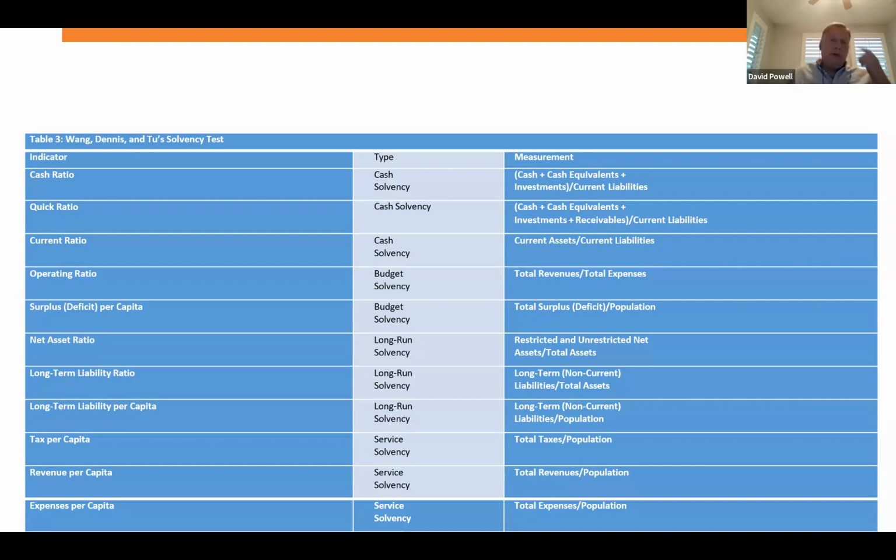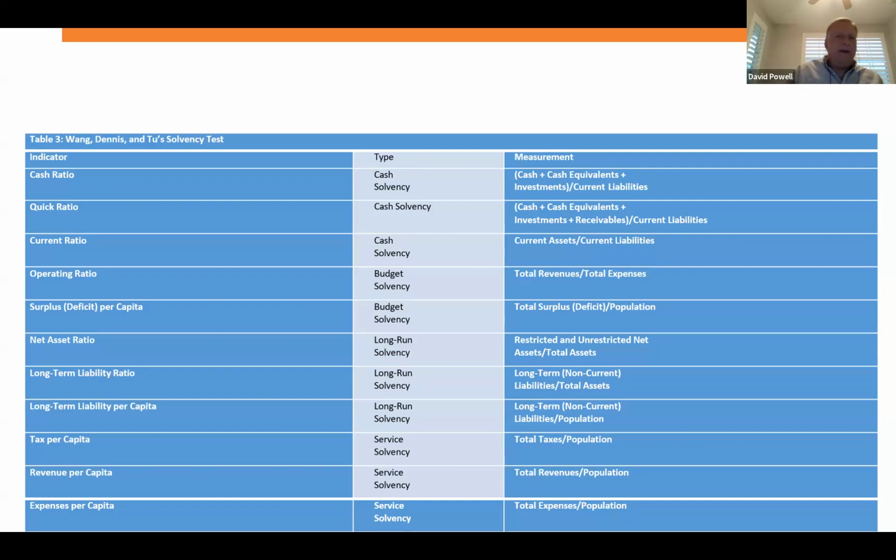What I would hope that you'd be able to do is, in addition to your budget, get a copy of the annual comprehensive financial report from your city, which all cities provide on their websites, and look through the financial section, the statistical section, and calculate maybe 2 or 3 of these indicators from Brown, Wang, Dennis, and Tu to answer that question of fiscal solvency.